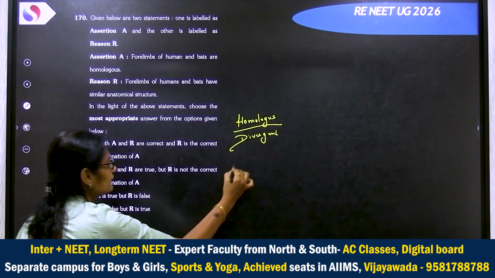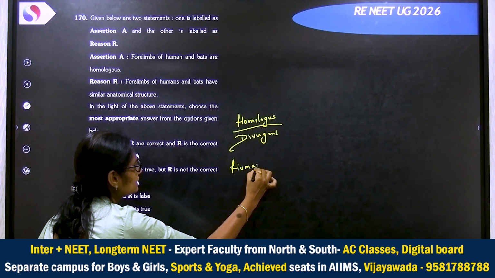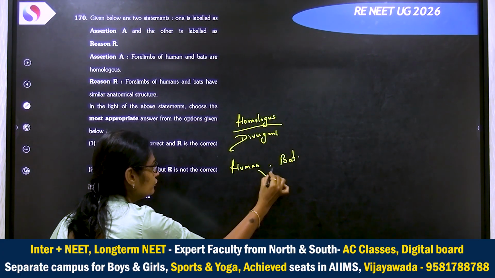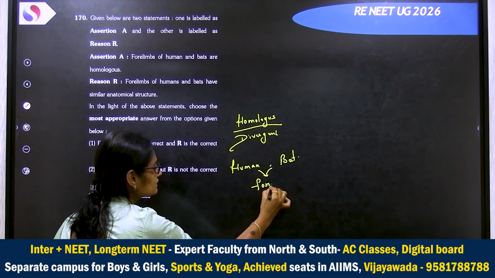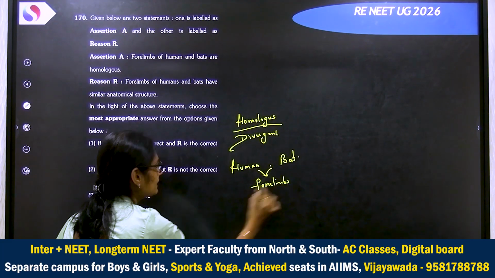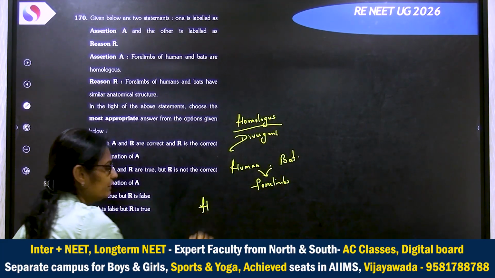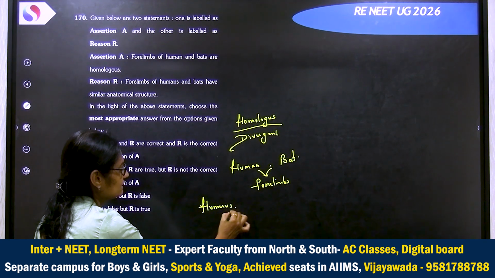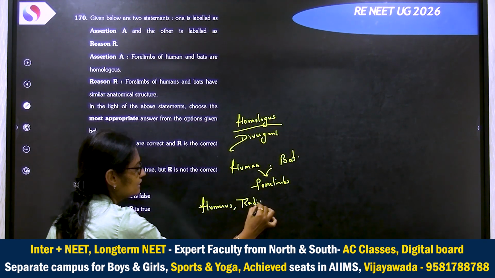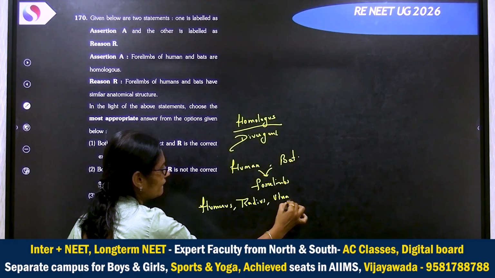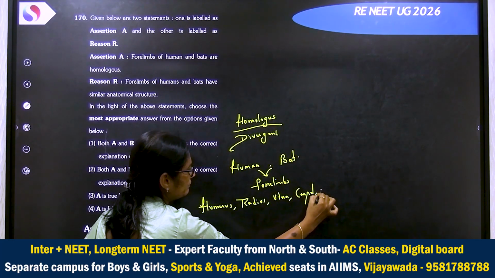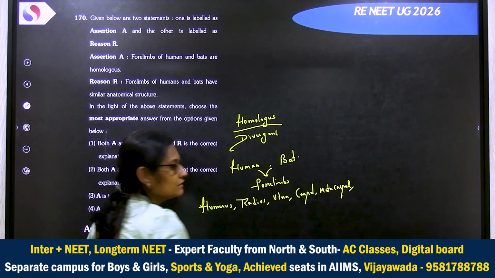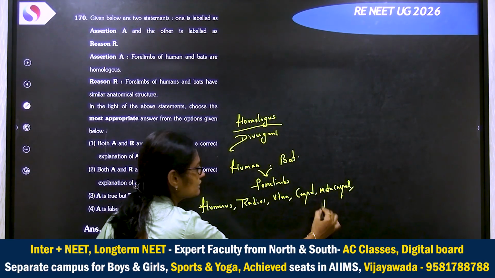They gave human, and human comes under mammals. They gave bat, and bat is a flying mammal. Both forelimbs have similar internal anatomical structure. The upper arm bone is called humerus, then radius, ulna, carpals, metacarpals, and phalanges.